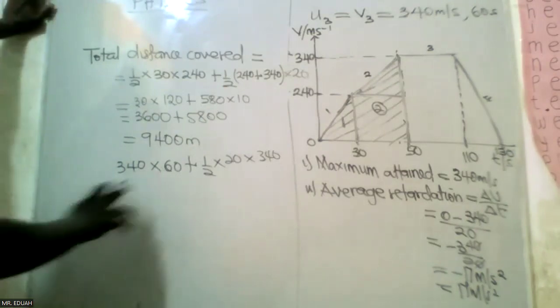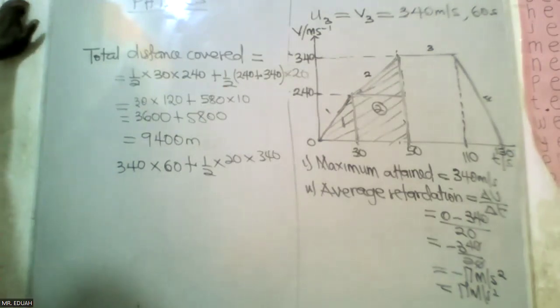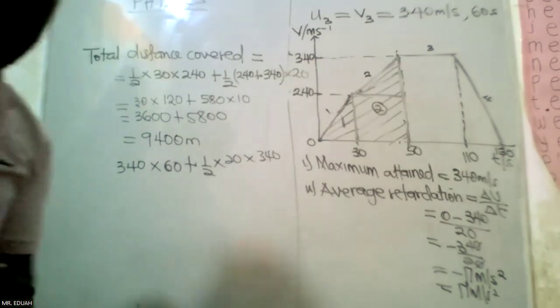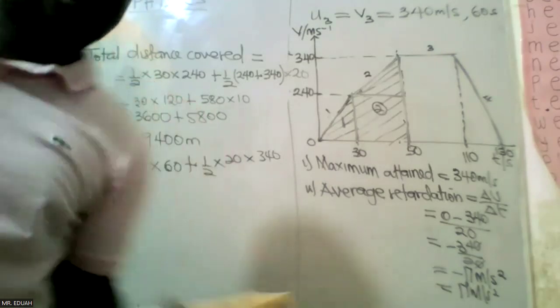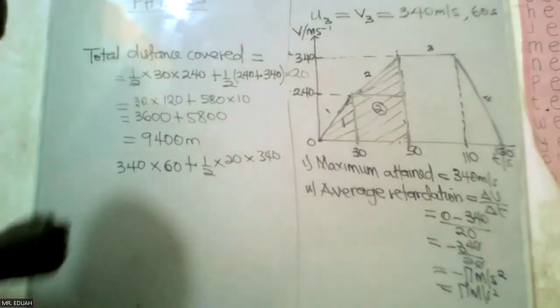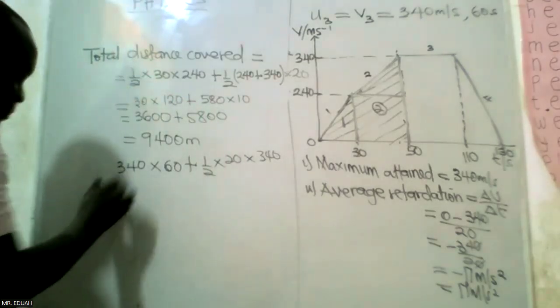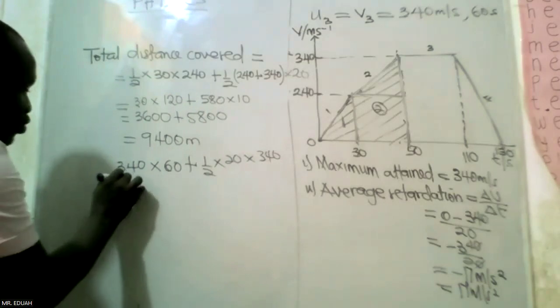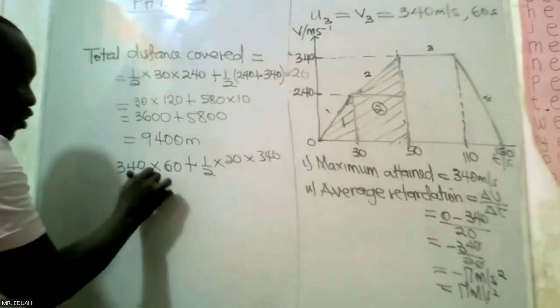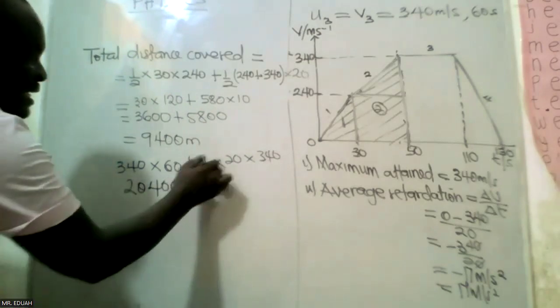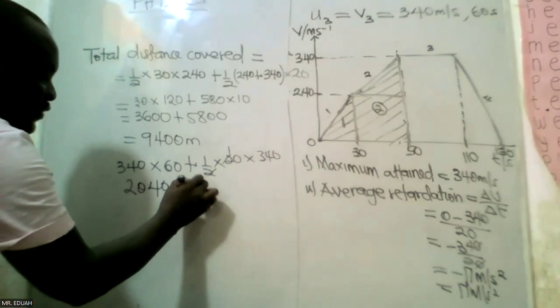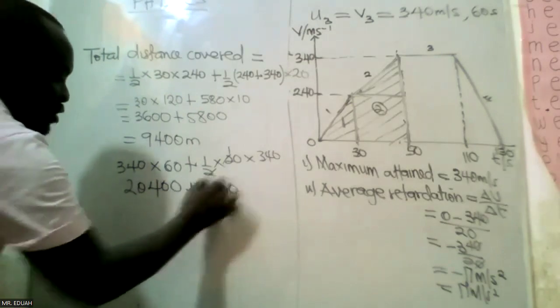So what is 34 by 6? Multiply 34 by 6 and tell me. 204. 2040 plus this is 3400.